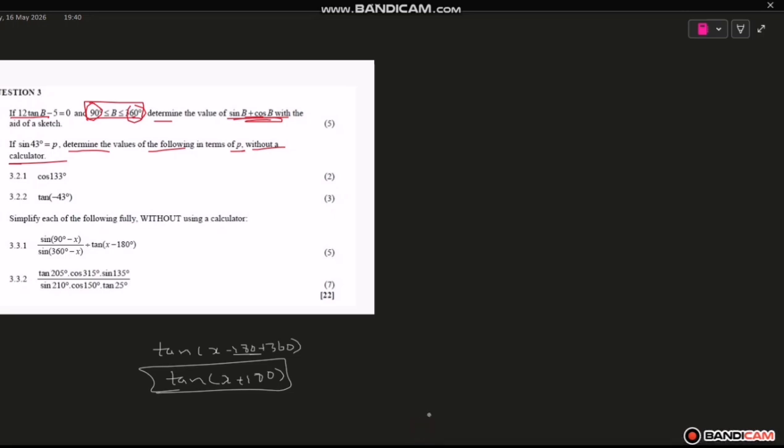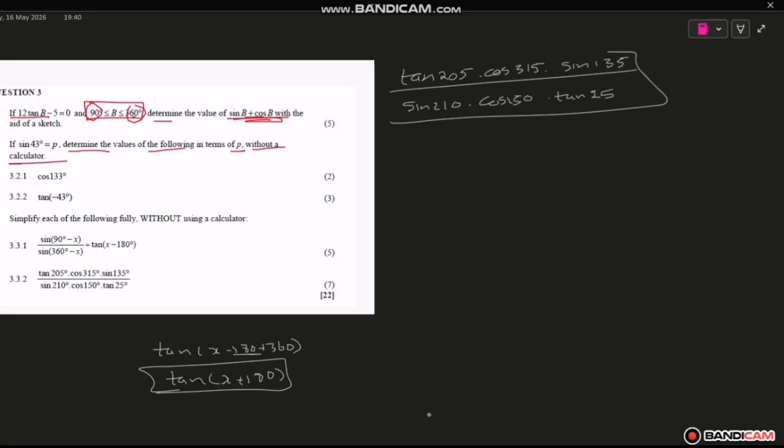Therefore, 3.32: tan 205. This is a reduction formula question, 7 marks. Cos 315 times sine 135 all over sine 210, cos 150 times tan 25.